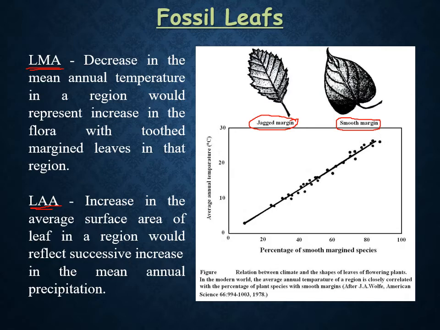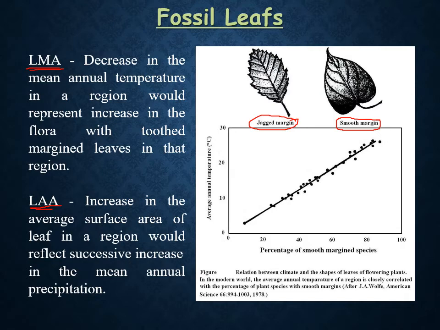But in a dry area where there is lesser amount of annual rainfall, lesser amount of annual precipitation, it will be reflected by lower leaf area of the plants. So these kinds of morphological aspects of any plant, particularly the plant leaf laminas, will also help us to get idea about the ancient climatic condition.